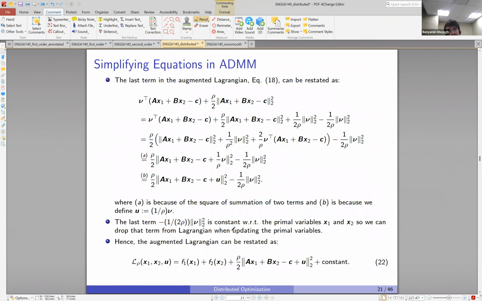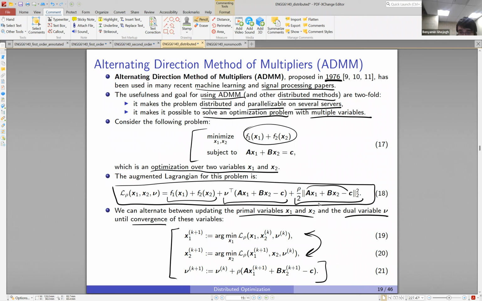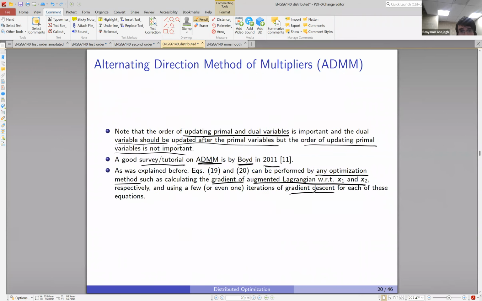Now, let's simplify the equations in ADMM. Consider the last term in the augmented Lagrangian, equation 18. What was equation 18? This is the augmented Lagrangian. Do you remember the last term? Let's simplify these two, the nu transpose term and this term.